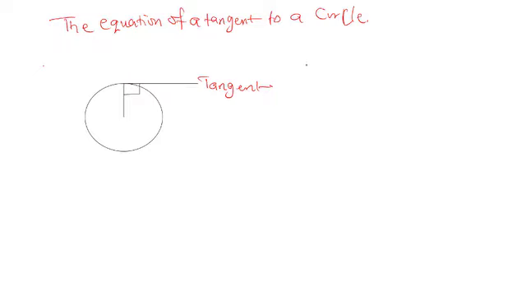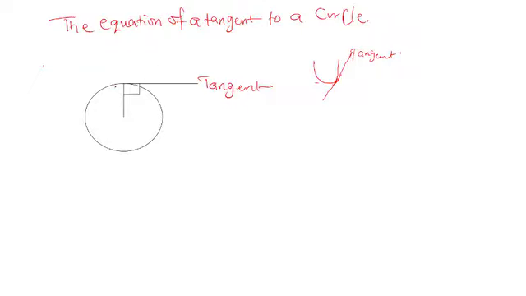So even if you have a curve of this nature and a straight line comes this way, touching the curve at a point, this straight line is called a tangent.